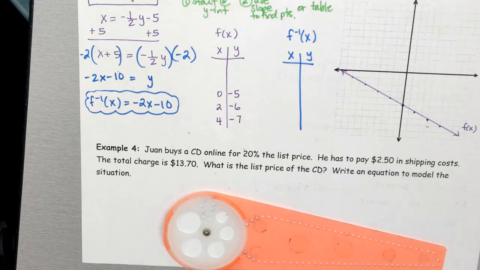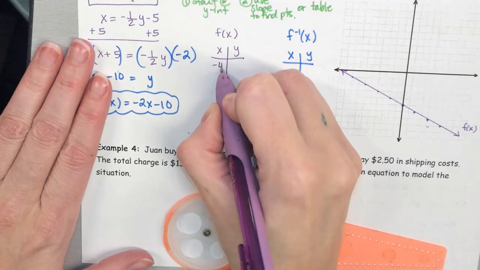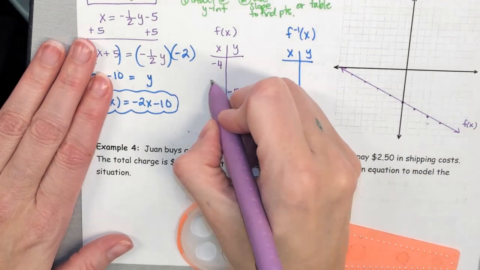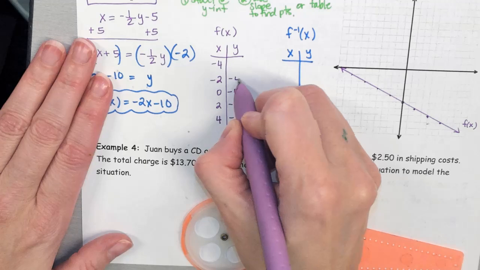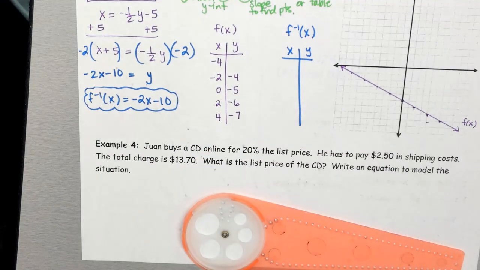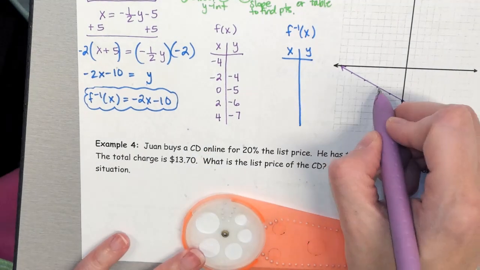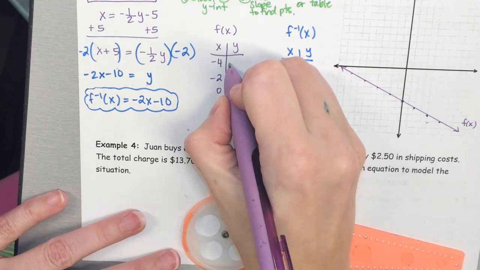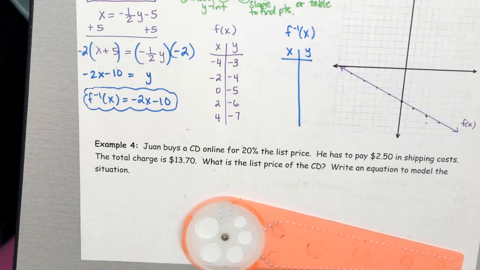If I go to the next one, the next whole number point is what? -4 will be on there, yes. But this is where? -2, -4. Yeah. And then the next one will be at -4, and my y value will be -3.